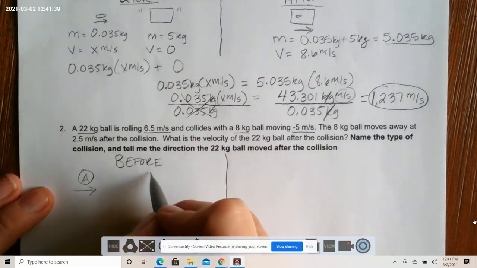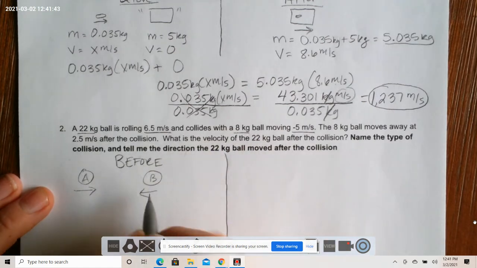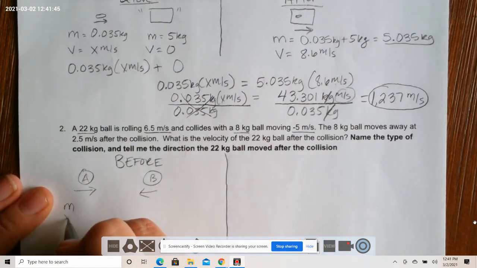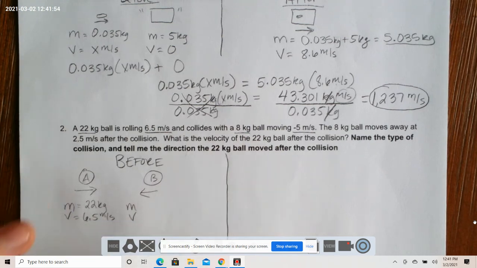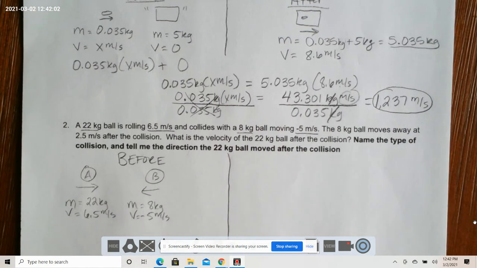It's colliding with ball B, and it's moving negative 5, so that one will be going to the left. So let's go ahead and get our mass and velocity for both of them. So 22 kilograms moving 6.5 meters per second for the first velocity, and then 8 kilograms moving negative 5 meters per second of a velocity.